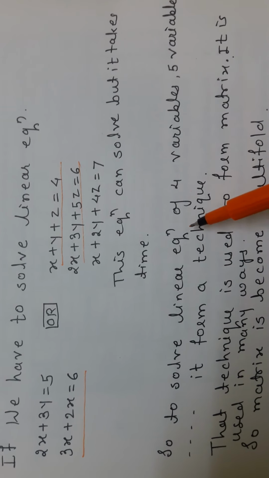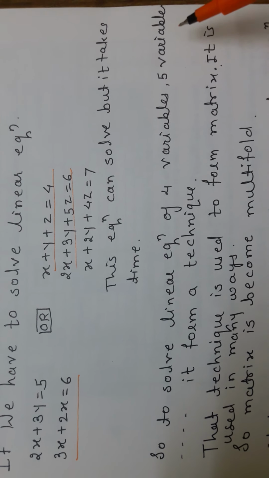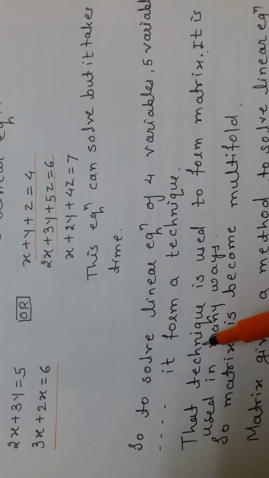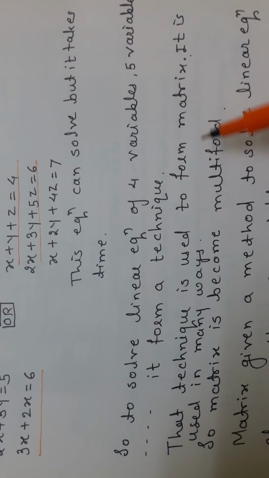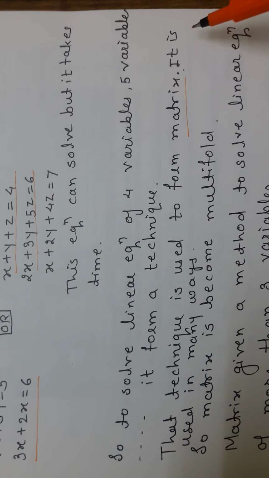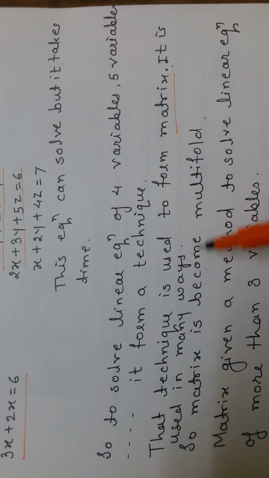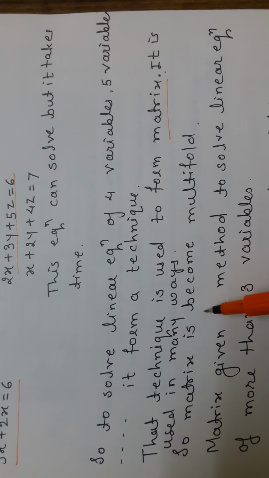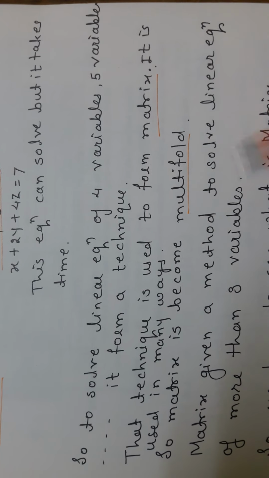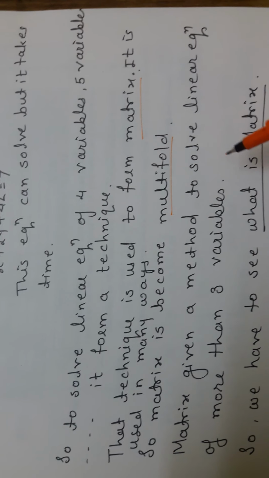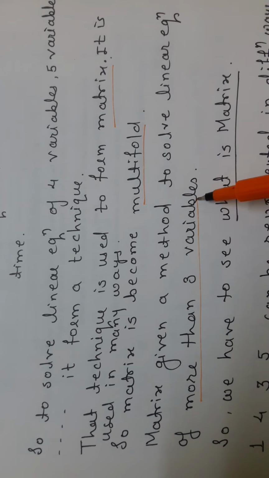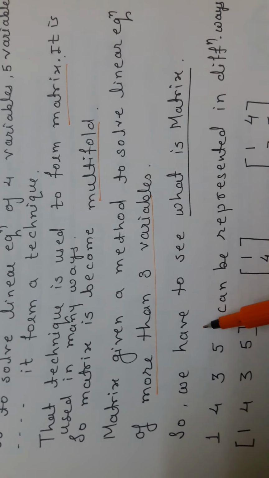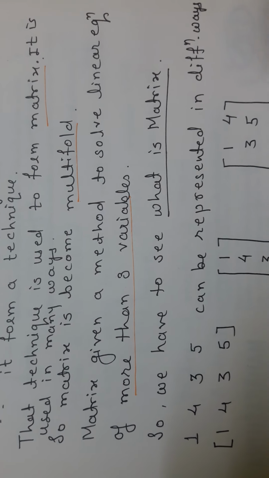So to solve linear equations of 4 variables, 5 variables and so on, a technique was formed, and that technique uses the matrix. It is used in many other ways also. So the matrix gives a method to solve linear equations of more than 3 variables. So we have to see what a matrix is.